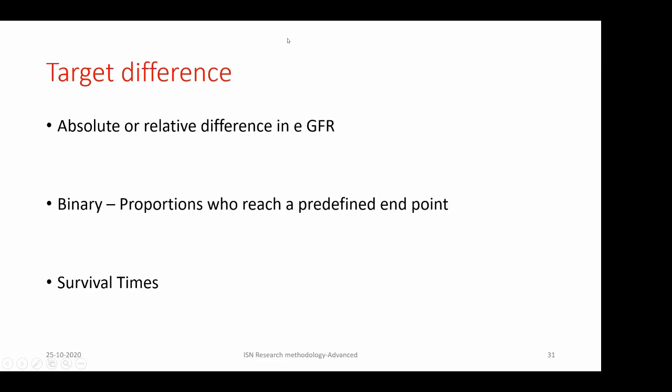Say the GFR is different by so and so, or a relative difference in glomerular filtration rate. Or it could be binary, the number of patients, the proportion of patients who reach a predefined endpoint. Here I have taken the predefined endpoint as 10% reduction in GFR. And again, survival times, which we are not considering with the current study design because of the shorter follow-up times.